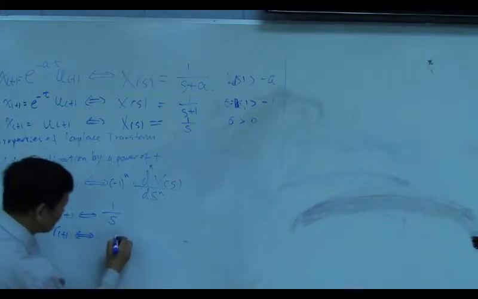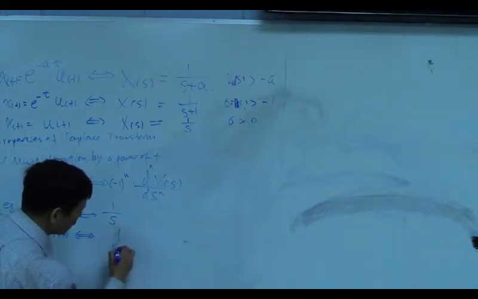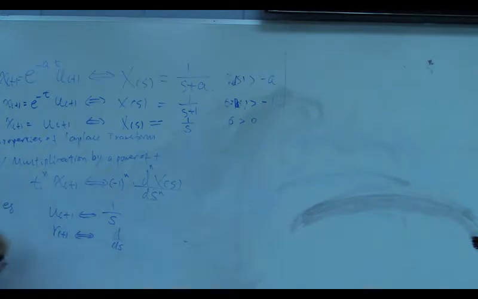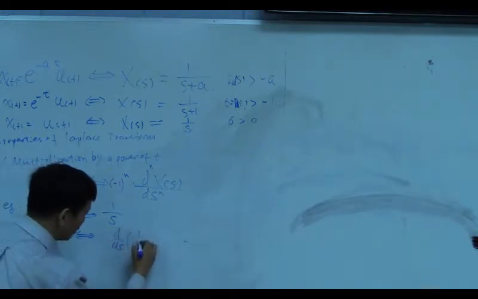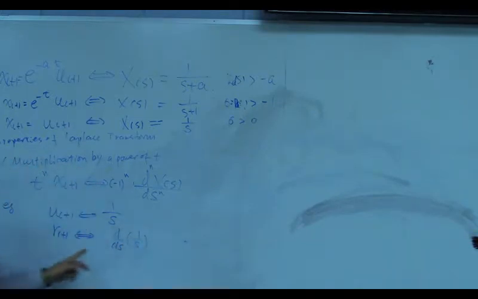So that will be d/ds. Luckily only 1 time, of 1 over s, that is the Laplace transform of u(t). Then times (-1) to the 1, which is negative 1. So that's the negative sign. Can you do this?